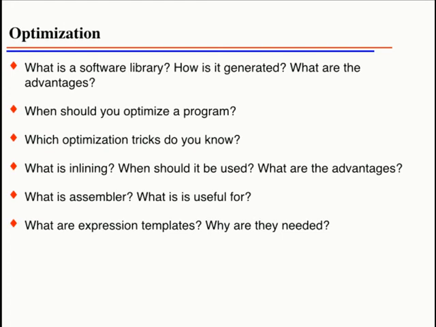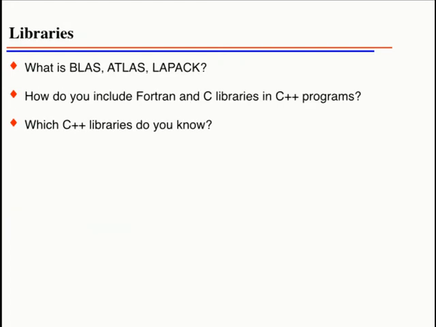Let's move on. Libraries, and that's the last one. Do we have to discuss that? Do you know how to include Fortran and C libraries in a C++ program? What? Louder? Extern C. Or include a wrapper that has been written for us.